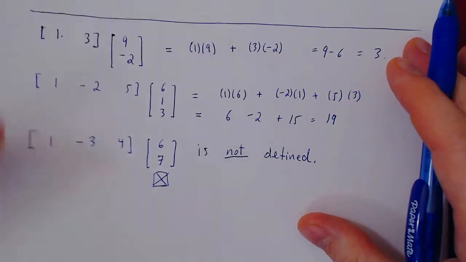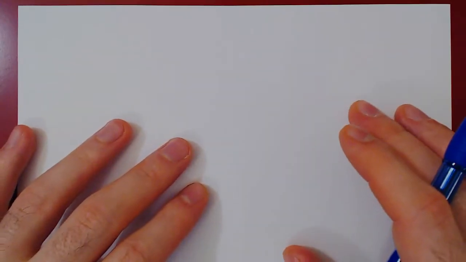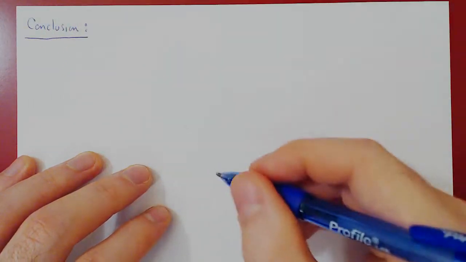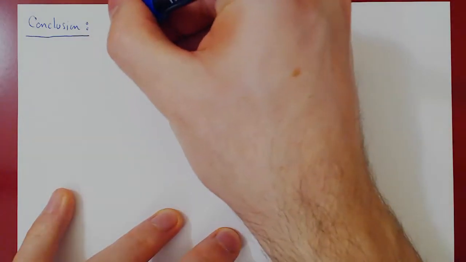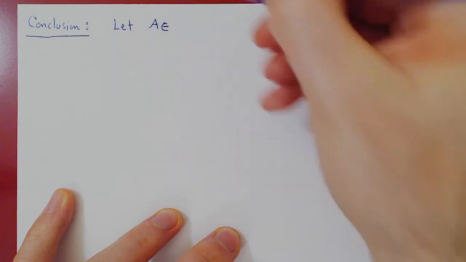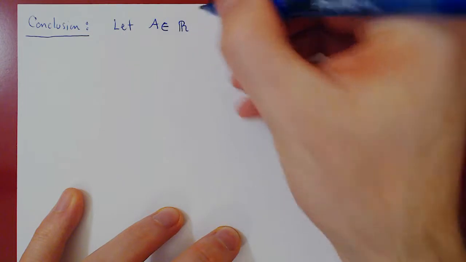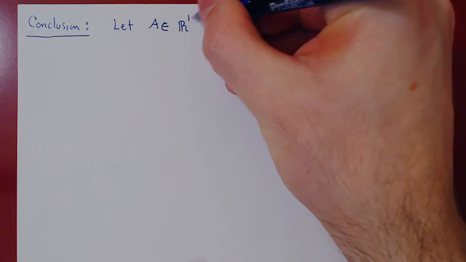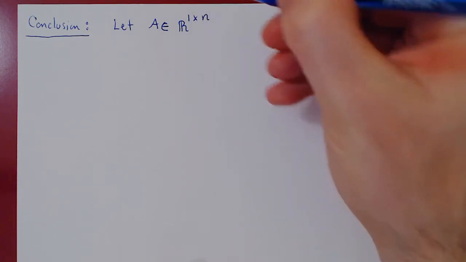So let's write our conclusion when we multiply a row times a column matrix. So we will let A be our row matrix. Now, if you remember, a row matrix is a single row, so it will be a 1 by, say, n matrix, right?